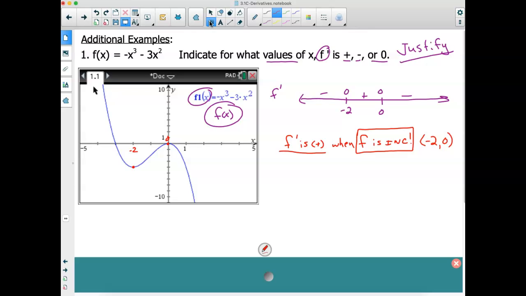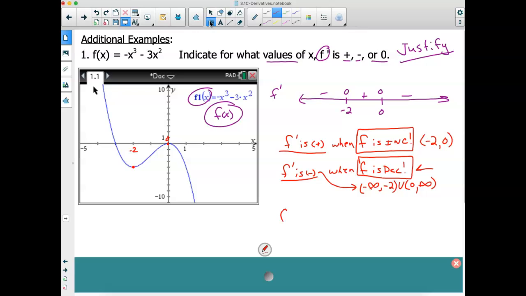When is f prime negative? F prime is negative when f is decreasing. Well, when is my function decreasing? My function is decreasing from -infinity to -2 and from 0 to infinity. How do I know f prime is negative there? That's when f is decreasing. All my tangent lines are negative.